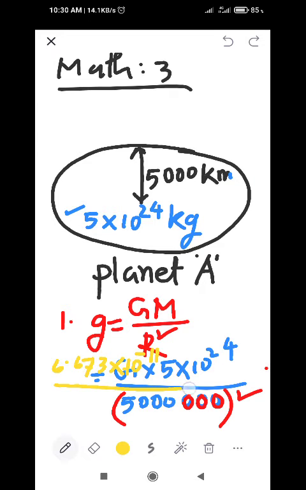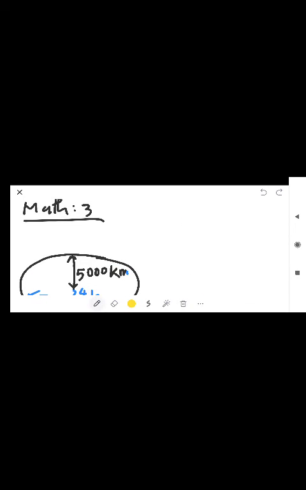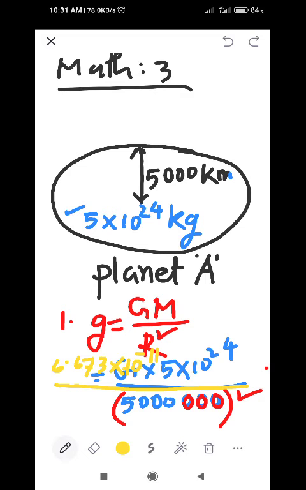And then you will find the value of G. Just wait, I have calculated in my house. 13.346.